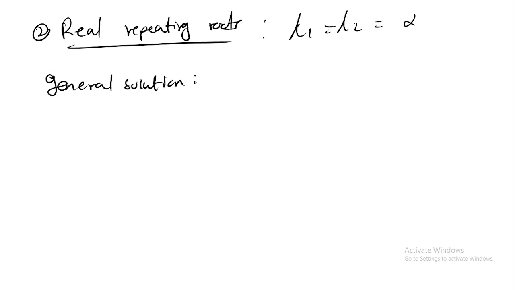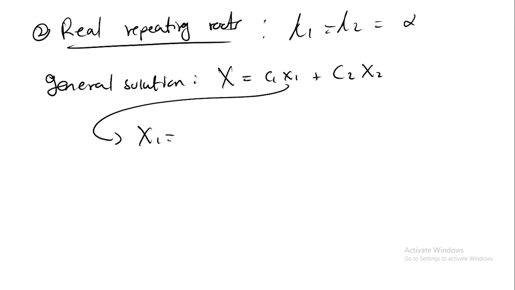Under real repeating roots, the general solution is given by x equals c1 x1 plus c2 x2, where x1 is equal to k1 e to the exponent lambda t, and x2 is equal to e to the exponent lambda t into (k1 t plus k2).